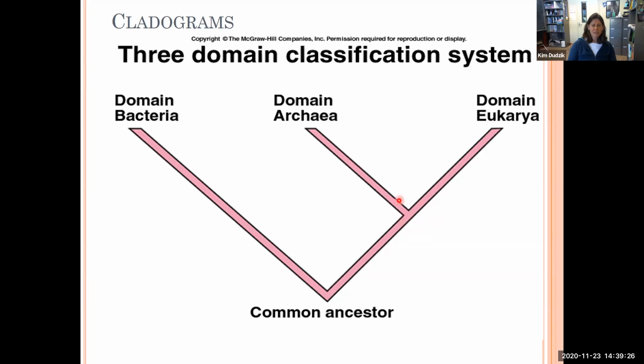And again, new data suggests, with the genes of eukarya shared with archaea, that it might have been a group of archaeans that split, producing the eukaryotes.